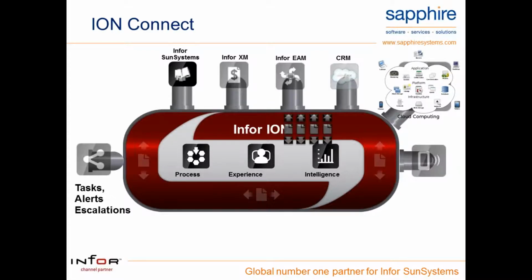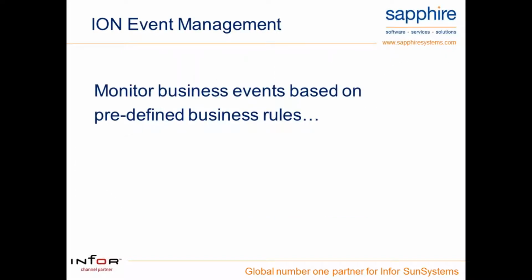Okay, so moving on from the ION Connect element of our application, I think the one that would make quite a big impact to people initially would be the ION event management. So this will monitor for us business events based on predefined rules.